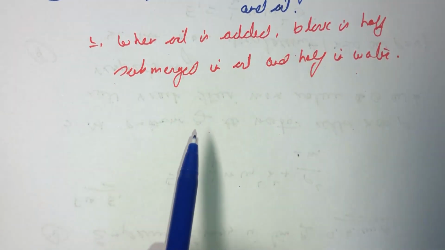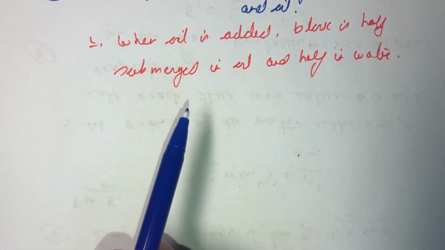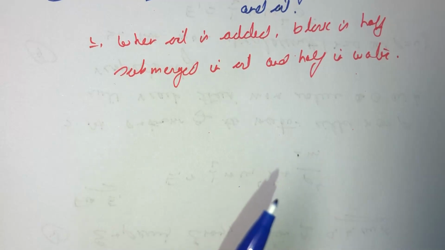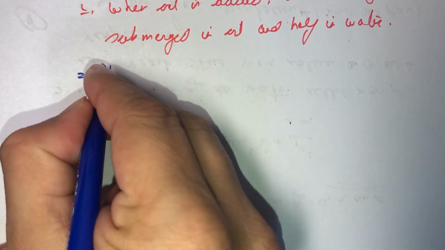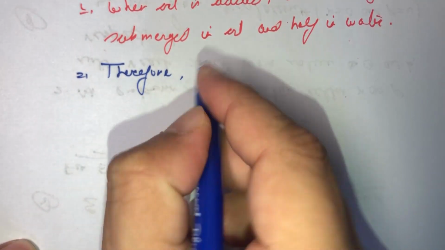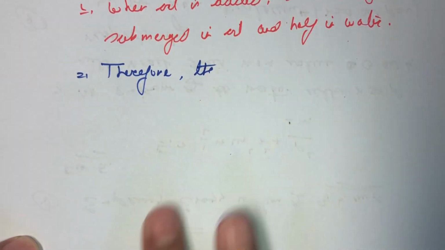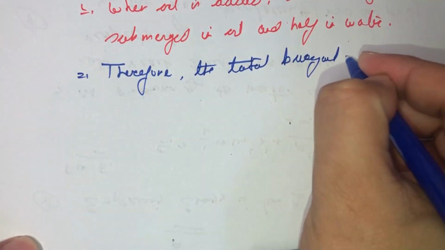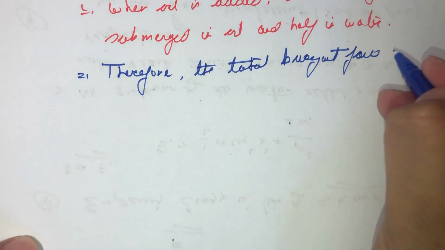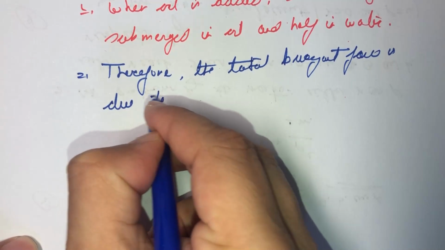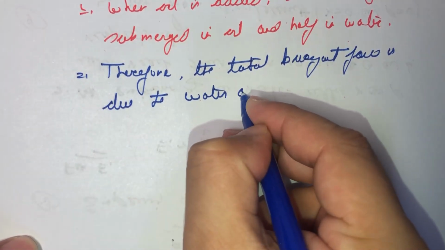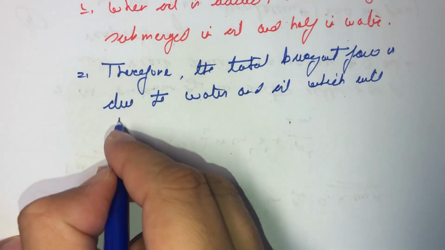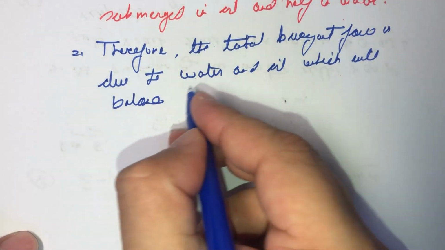Therefore, the total buoyant force will be due to the water and the oil, and this combination of buoyant forces is going to balance the weight of the block.